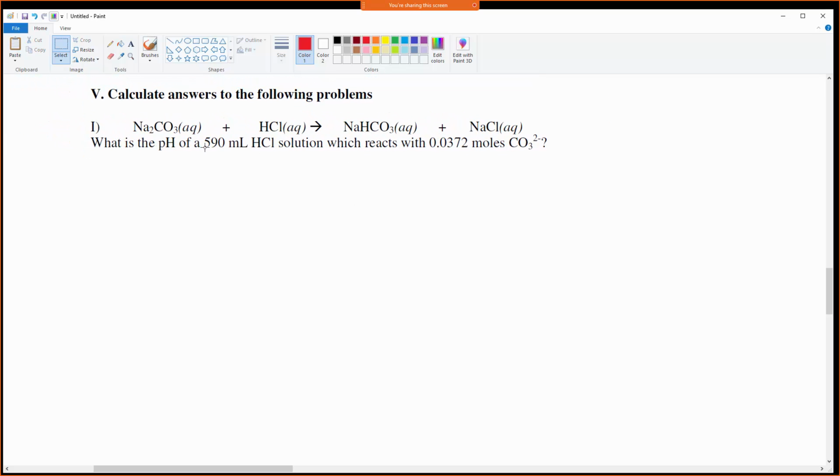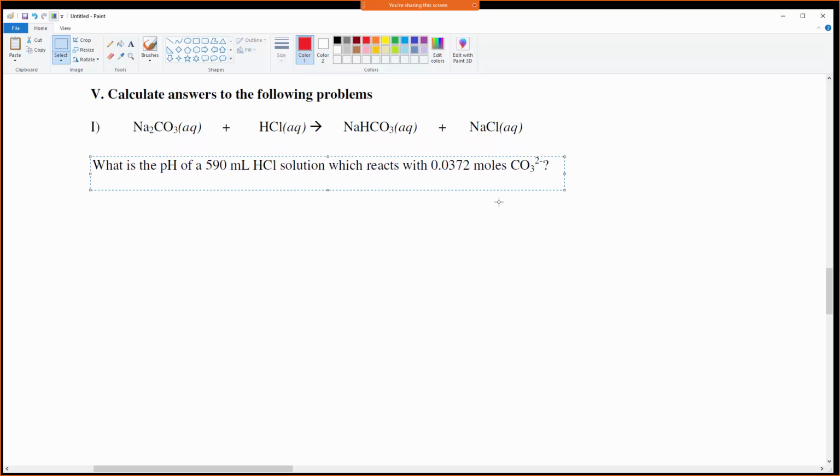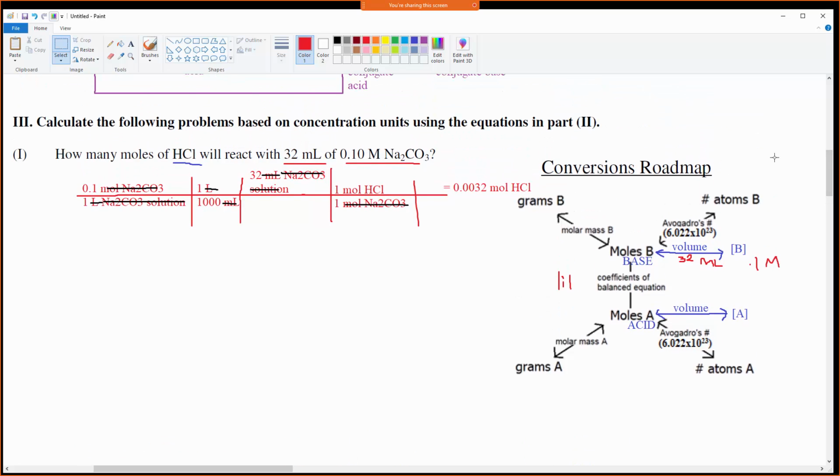Here I have an equation. I want to know what is the pH of the solution which reacts with this many moles of carbonate. Before I do this, I'm going to pull down there it is. There you are.